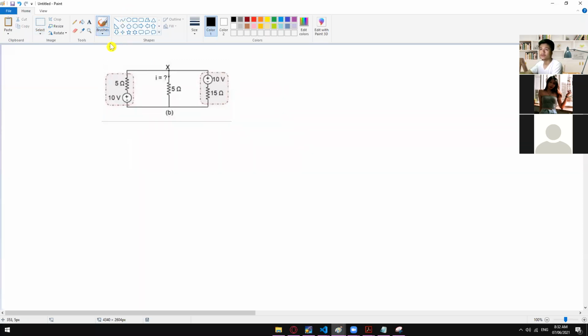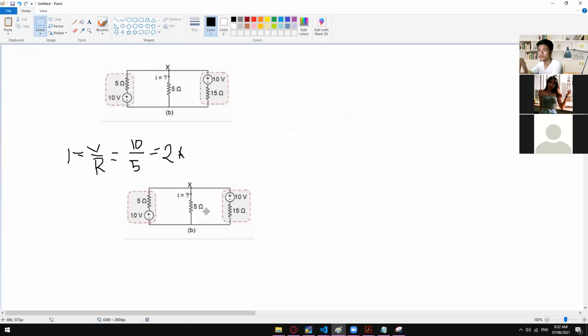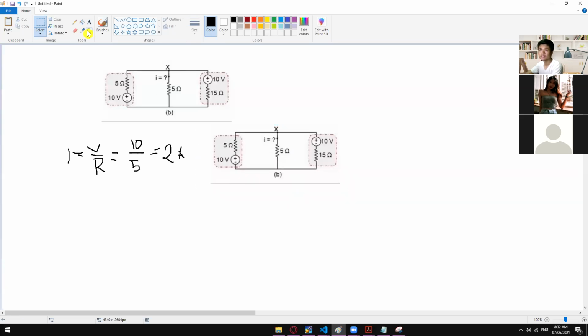All right. So let's transform this left side branch right here. To get the current source of this one, I is equal to V divided by R. The voltage is 10 volts, and R is 5 ohms. So we will get 2 amps right here. Then, to transform this into a current source, let me delete this one and this one also.